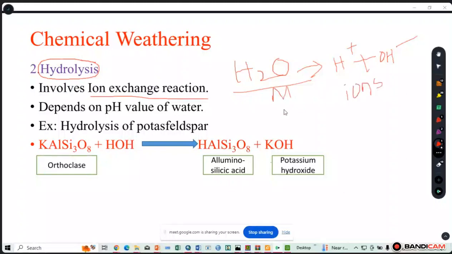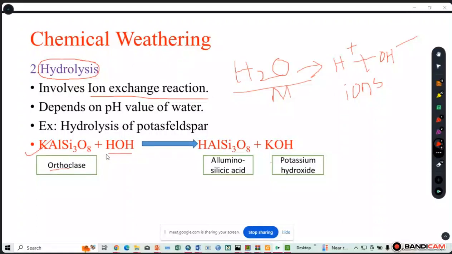Okay, I think everybody knows what ions are, what molecules are, what elements are. Ions means if any element loses or gains charge, it gets converted into ions. Here, two ions: when an H2O molecule breaks down, it comes into H plus and OH minus ions. Suppose this is orthoclase. The chemical composition of orthoclase is KAlSi3O8.